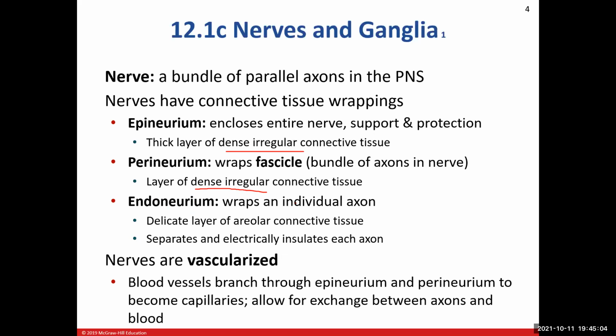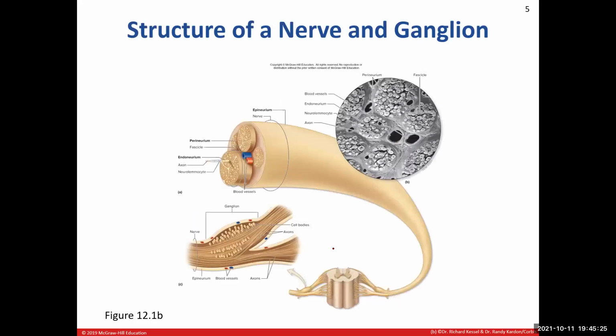That's loose connective tissue, and it helps to physically separate each axon from one another, but it also insulates those axons so our electric charge doesn't jump around. Nerves are also highly vascularized, and we'll see various blood vessels throughout the different layers.